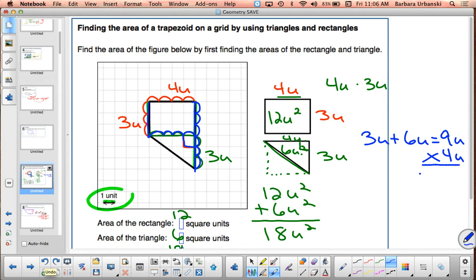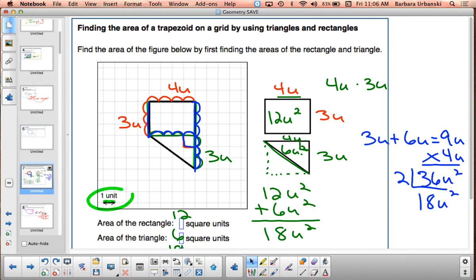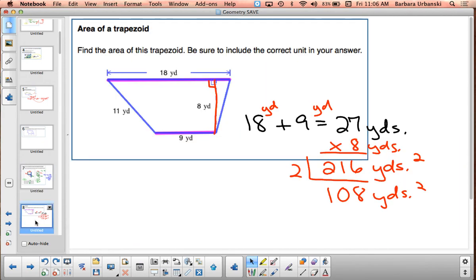We would end up with 36 units squared. Divide that by 2, which would end up leaving us with our 18 units squared. So, it works all the time. Much easier if you do it on grid paper, but if you have a problem like this where you really do not know the lengths of some of your parts, then you would be better off using the formula. And that is it.